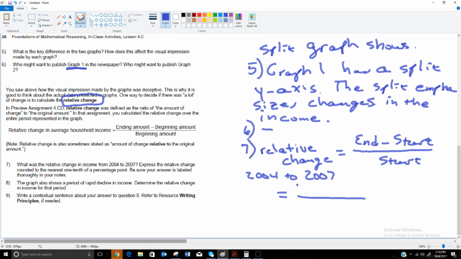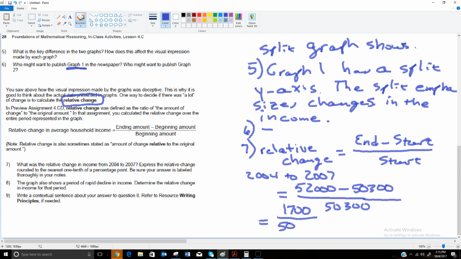So that's the end. And we started at 50,300, which was our estimate of the starting value. And then we're supposed to divide that by the starting value. So in this case, that would be 50,300. So calculation-wise, that would be that $1,700 that we already calculated above, divided by 50,300.